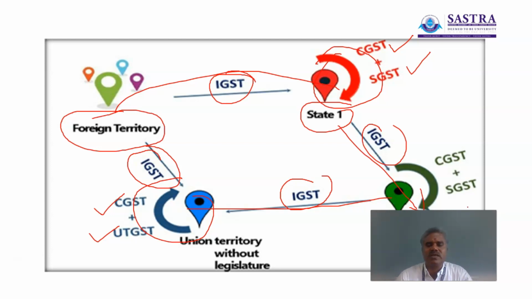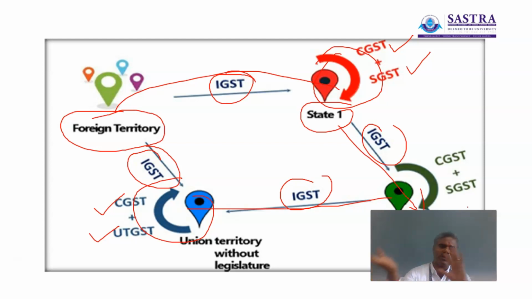Hope you could understand, my dear students. When you do business within the state, when you supply goods within the state, you have to collect CGST, SGST. When you supply goods from one state to another state, IGST.